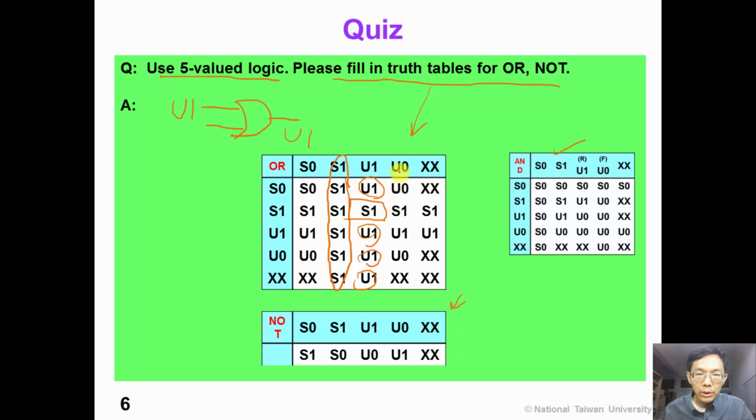If one input is U0, then the output will be S1 if the side input is S1, and the output will be U1 if the other input is U1. For the other case, the output will be U0 and the XX. Have you got it correctly?